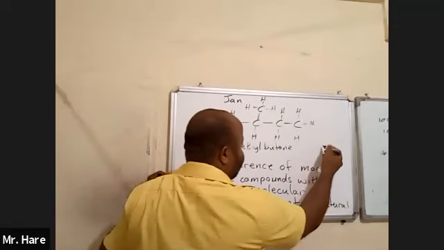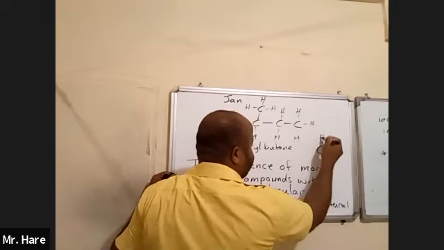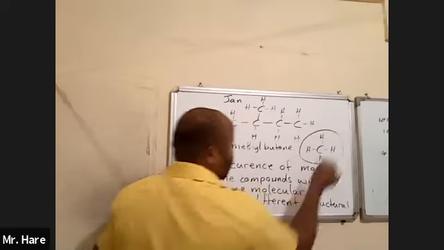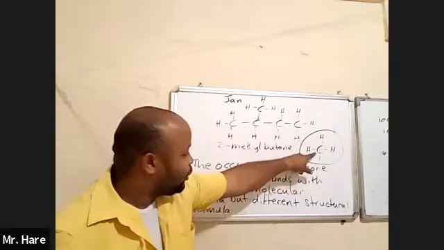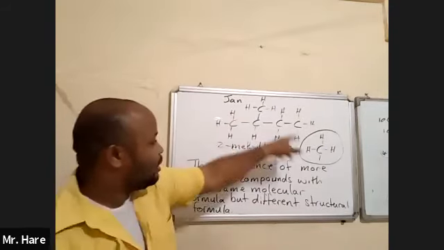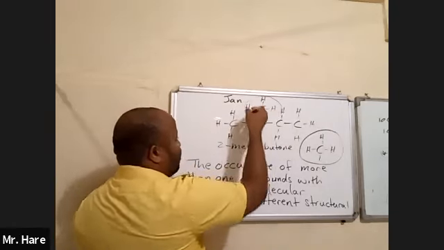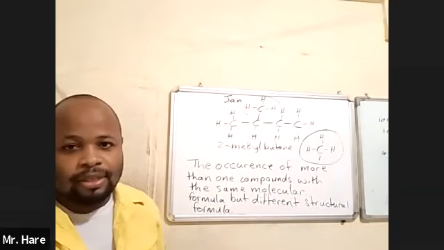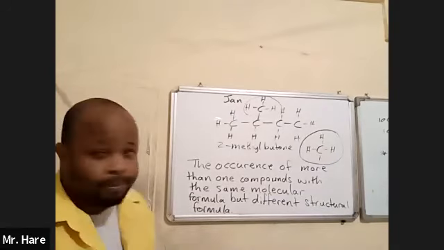So CH3, a carbon, right here. This is CH3, it's methyl. So you have a CH3 group attached to the butane chain. When you have a CH3 group, it's called methyl. Understood? Yes, thank you.